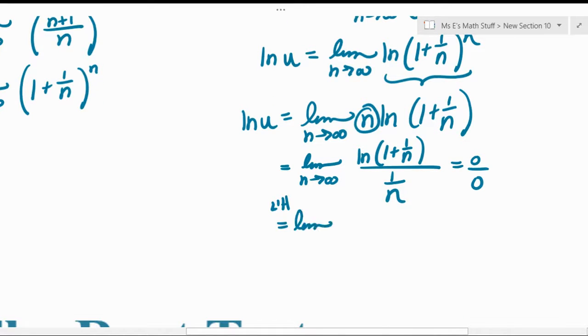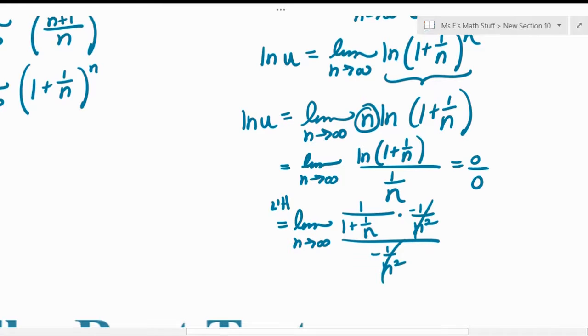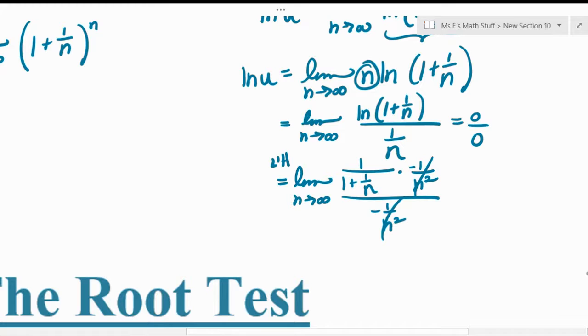According to L'Hopital's rule, this would equal the limit as n approaches infinity of 1 over (1 + 1/n) times the derivative of 1 plus 1 over n, which would be negative 1 over n squared, over the derivative of the denominator, which would be negative 1 over n squared. And then you can let the remaining n go to infinity, and you'll end up with 1.